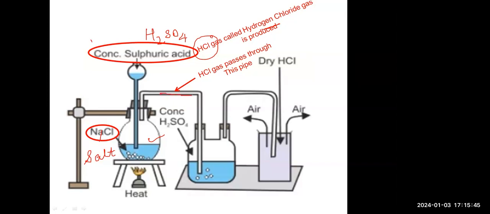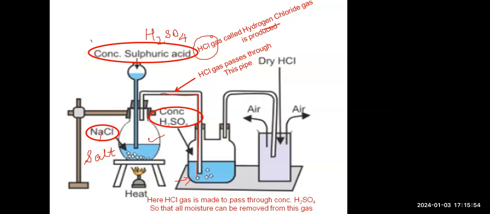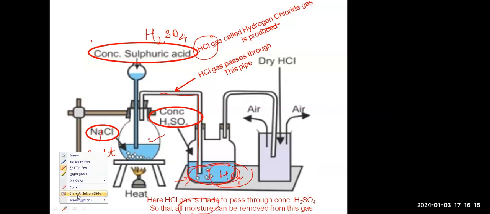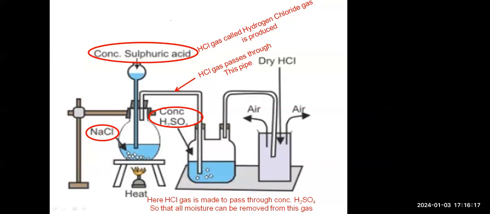It is made to go into this beaker containing concentrated sulfuric acid. You can see the bubbles of gas. This is HCl gas. Now the purpose of passing hydrogen chloride gas into the acid is to remove the moisture from the gas. This HCl gas has to be collected in dry form.